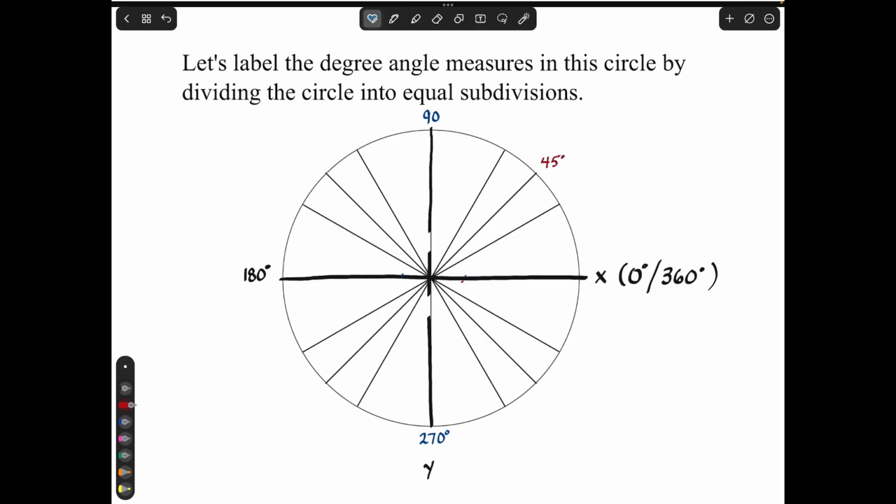And so when we go halfway around the circle again from 45 degrees, over to here, we just add up, and that would put us at 225 degrees down here. And then halfway from 90 to 180 degrees should be 135 degrees.